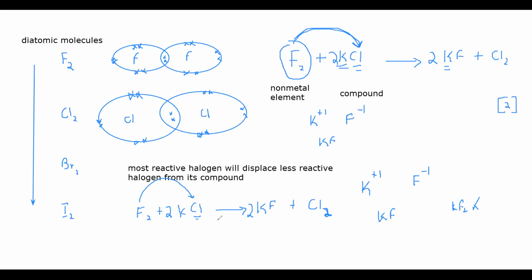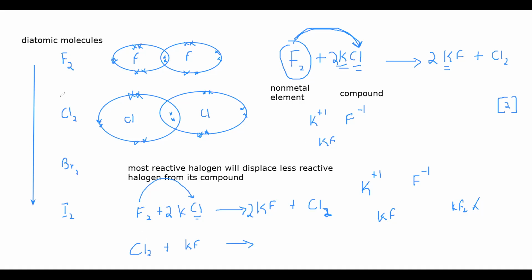So the more reactive halogen always displaces the less reactive halogen. If I say there was another reaction in which chlorine was reacting with potassium fluoride, what will be the product? Chlorine was reacting with potassium fluoride. So there is no reaction. Why?